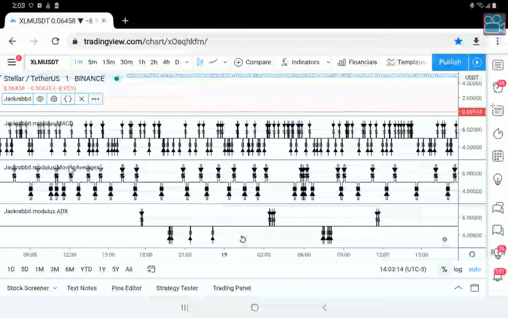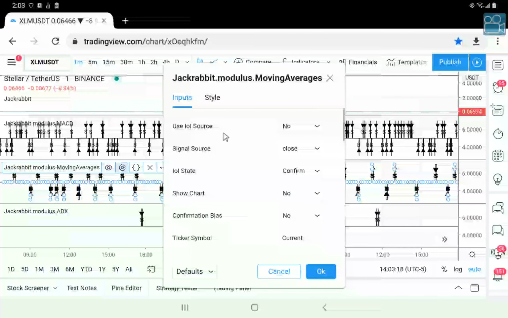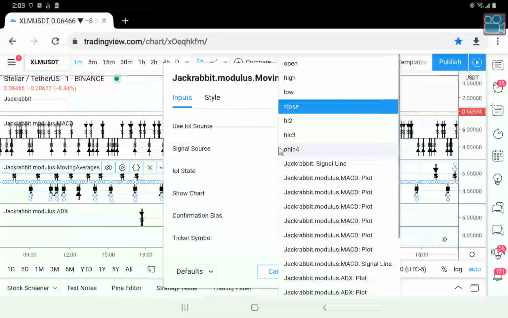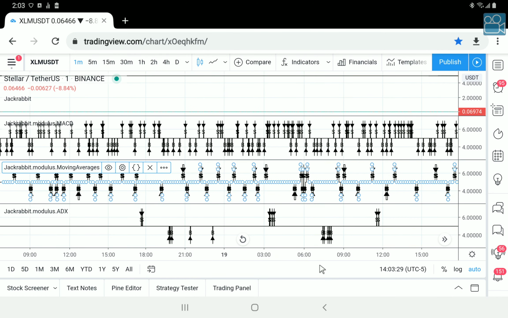So your second script, or your second mindset, in this case moving averages, is going to plug into MACD. Always go from the most signals to the least signals. Most signals, least signals.